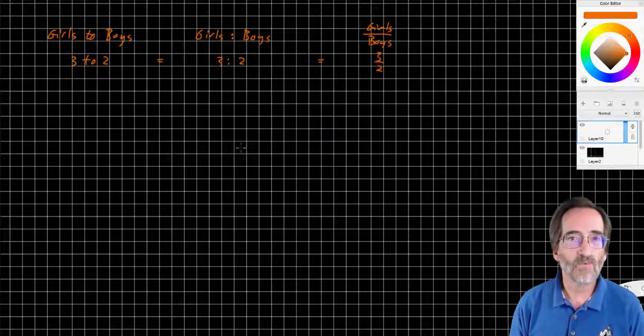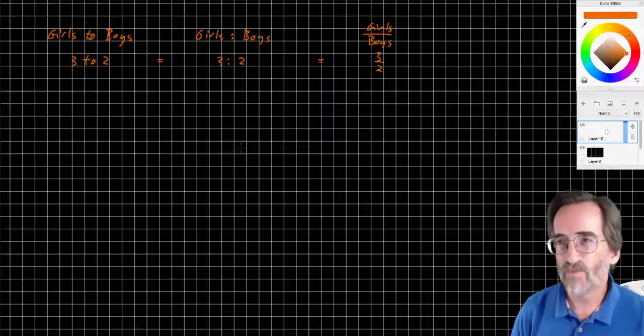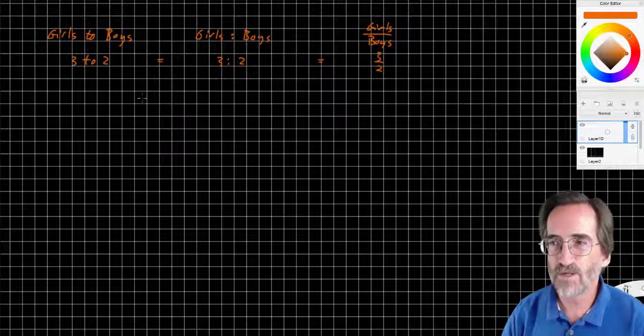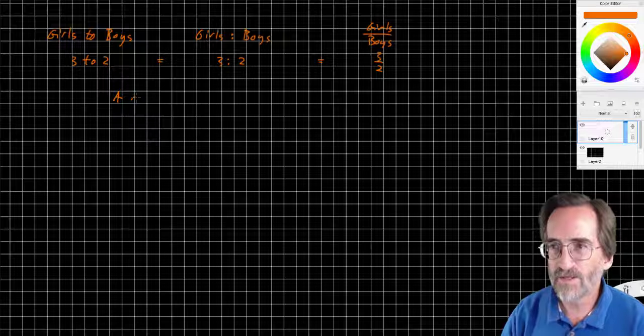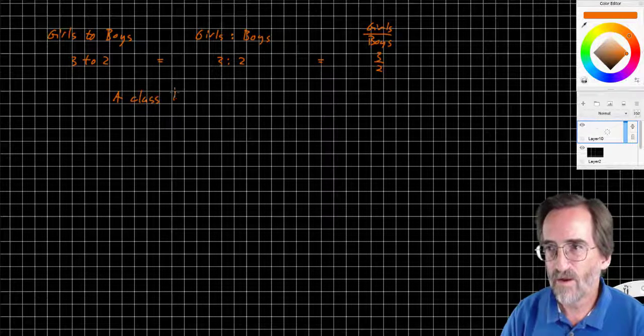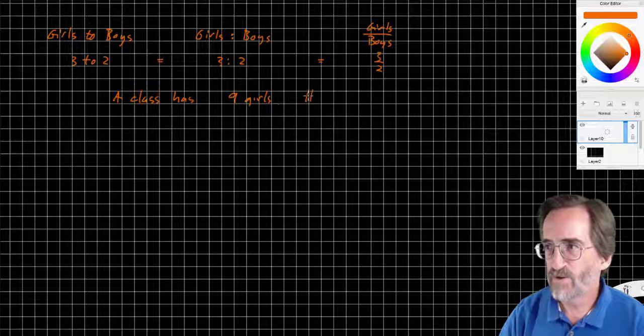We can write and solve a proportion for a given problem. The ratio of girls to boys is 3 to 2. A class has 9 girls. How many boys are there?